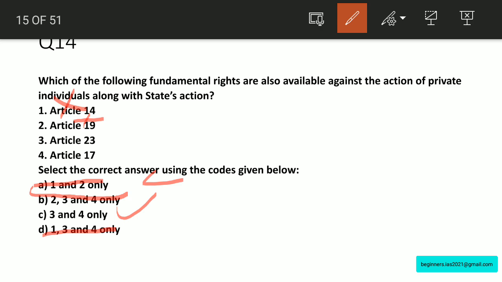Article 17 abolishes untouchability and forbids its practice in any form. That is, Article 17 is also available against private individuals, and it is the constitutional obligation of the state to take necessary action to ensure that the right is not violated. So this is the answer, that is Article 23 and 17 is the answer for question number 14.